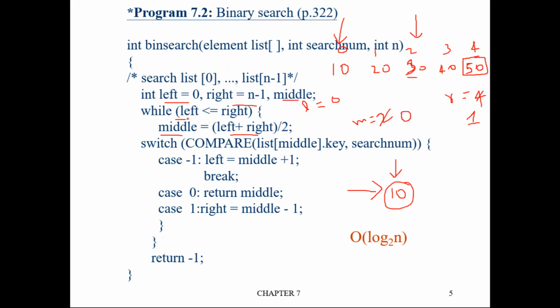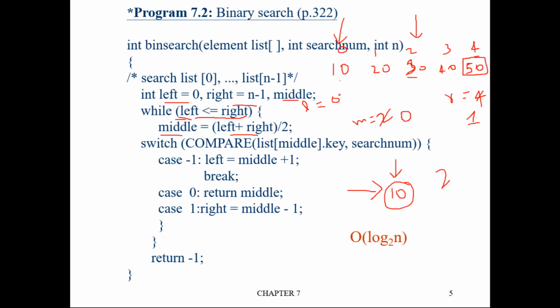while left is less than or equal to right. Suppose sometimes the element may not be there. In that case, how long should we compare? As long as left is less than or equal to right. For example, say you want to find 2, which is not in the list. In the second comparison, it will compare with 10. Is 10 equal to 2?